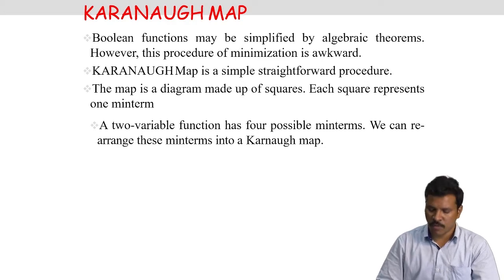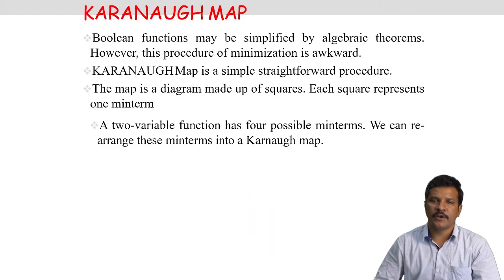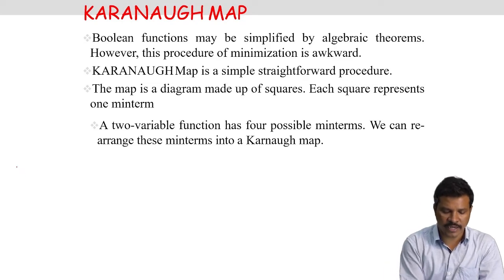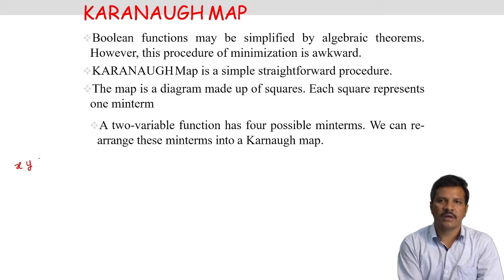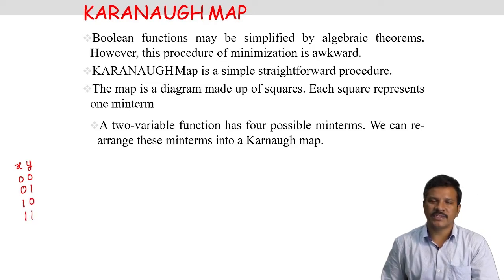For any two variable function, with variables x and y, there are 4 possibilities: 00, 01, 10, 11. Those possibilities can be represented as minterms, and these minterms are represented in the Karnaugh map.